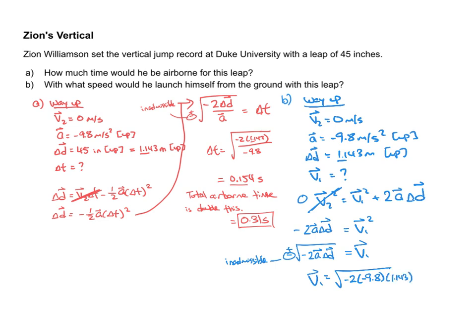And again, I'm happy that I see a -2 times a -9.8. So negative times a negative is a positive. So I'll end up with the square root of a positive number. That's a good sign. We get the calculator out.